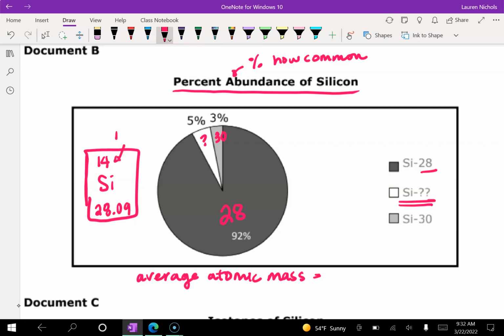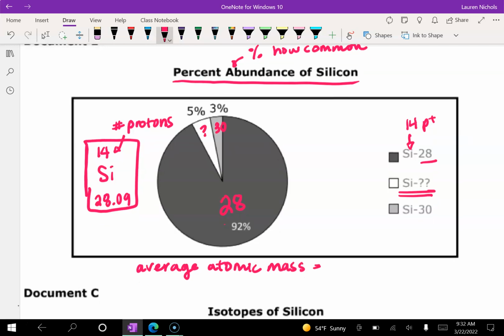The number 14 tells us that there are 14 protons in silicon. For all 3 of these to be silicon, they all have 14 protons. The question is, how many neutrons does our mystery silicon isotope have?